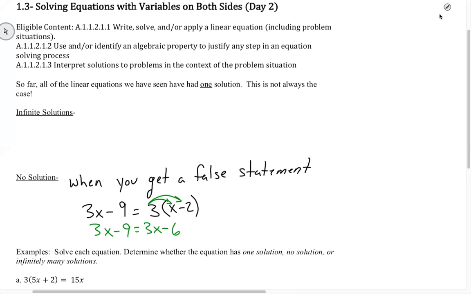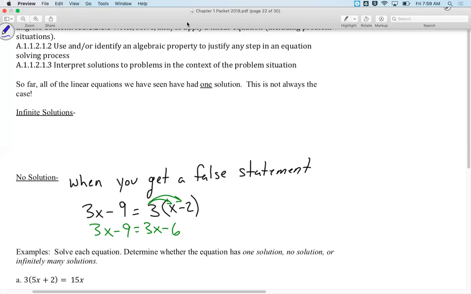Notice the x's are the same, but the numbers aren't. The left is not equal to the right. So if I subtract 3x, my x's cancel, but I have negative 9 equals negative 6. And that's false. So there's your false statement.